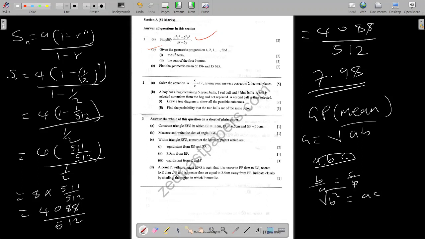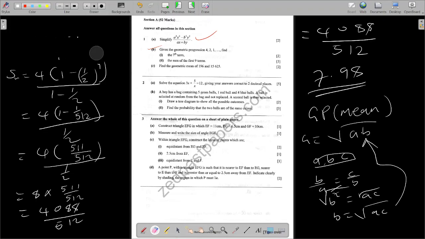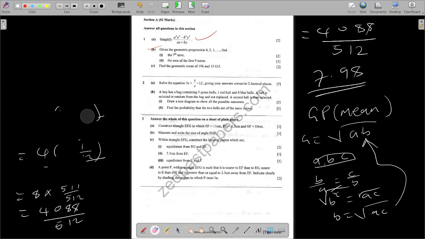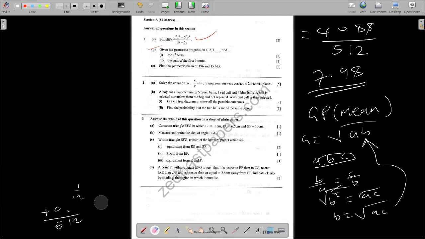When you take the square root, the square root and the square cancel, and you write B is equal to the square root of AC. So this is where the formula is coming from. Like I've explained, we have A, B, C, and those answers.